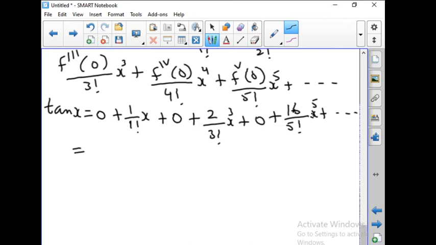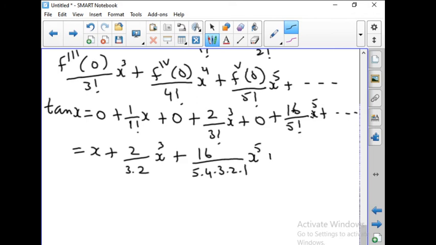So it is equal to now 1 by 1 factorial is 1. So x plus 2 by 3 factorial is 3 into 2 into x cube. அடுத்தது 0. அடுத்தது 16 by 5 factorial is 5 into 4 into 3 into 2 into 1. 5 plus etc. So here 4 2s are 8. It goes 2 times.